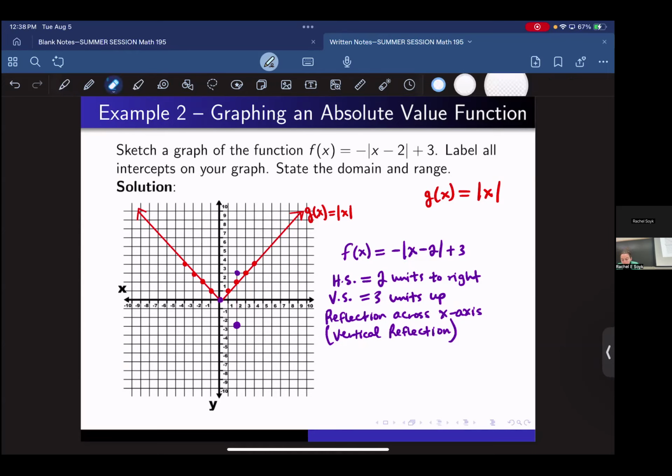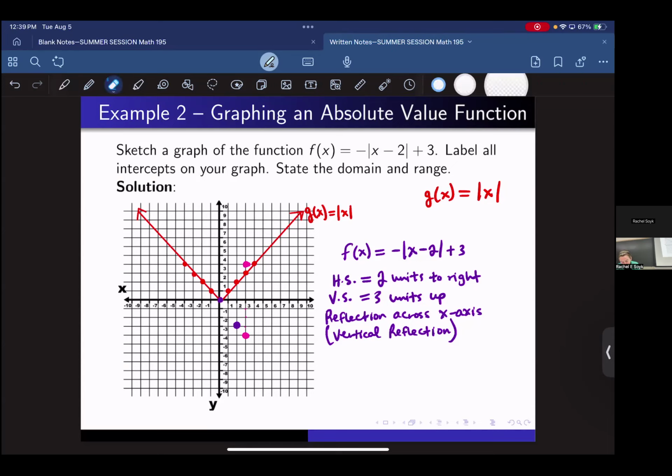And we want to do this for at least 3, maybe 4 points. So we'll do the same with this guy over here. Again, 2 units to the right, 3 units up, 1, 2, 3, and then we're reflecting that across. So it's really 1, 2, 3, 4.